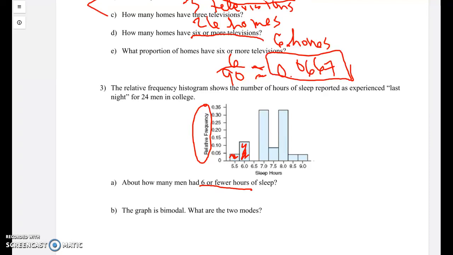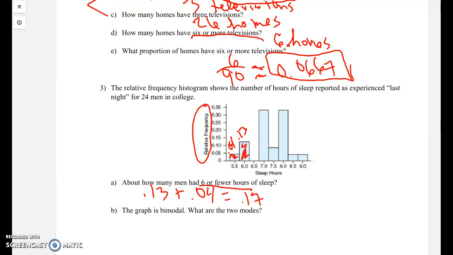At 6, it seems like it's around 0.13, I'm just estimating, which is about 13%. Here, it's about 0.04. If I add those together, 0.13 plus 0.04, I'm going to get 0.17.